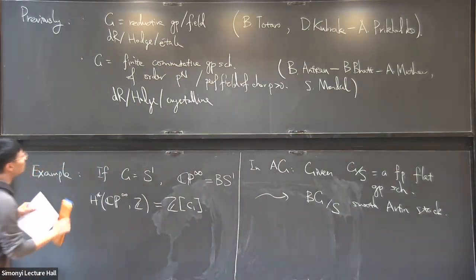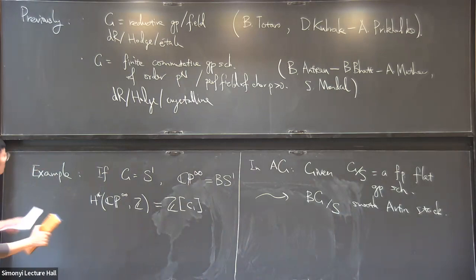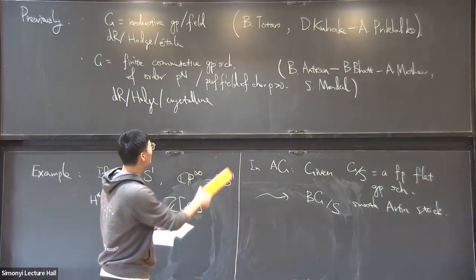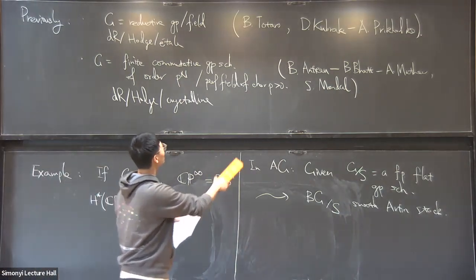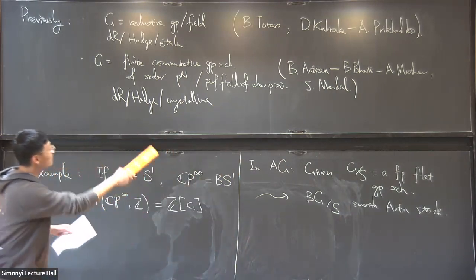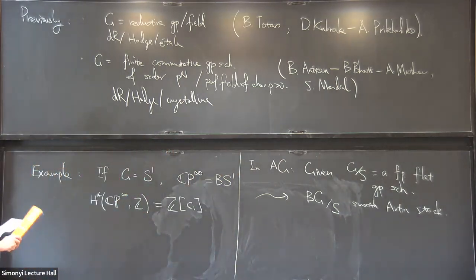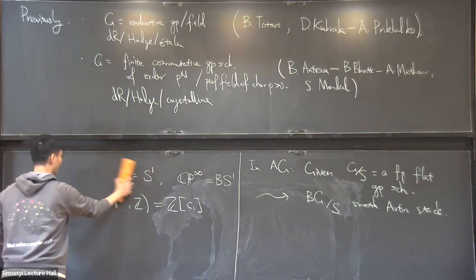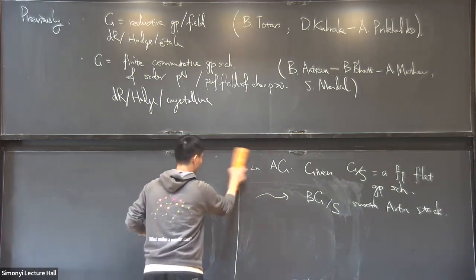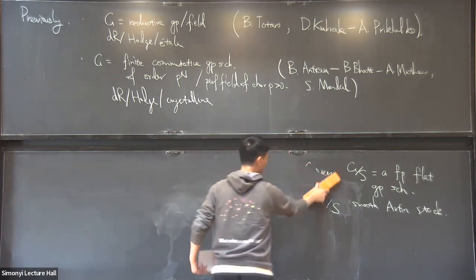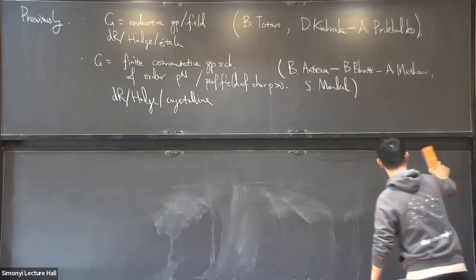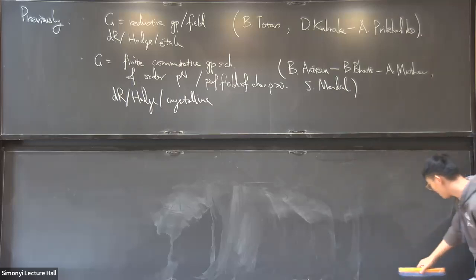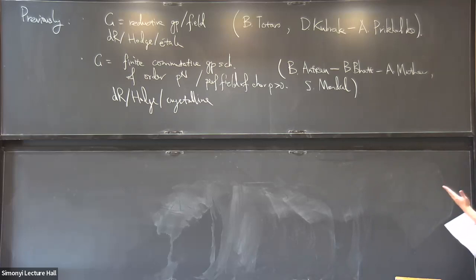So let me describe part of the computations that were made in both Totaro's paper and the ABM paper, which actually inspired the talk today. In both papers, they describe the Hodge-to-de Rham spectral sequence.